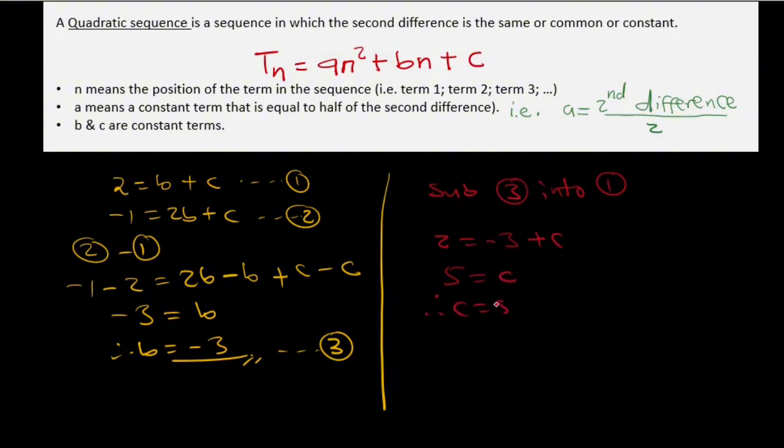Therefore, c equals 5. The result will be Tn. Now we know all the variables. Tn will be 2n squared. What is b? B is minus 3, and then c is plus 5.